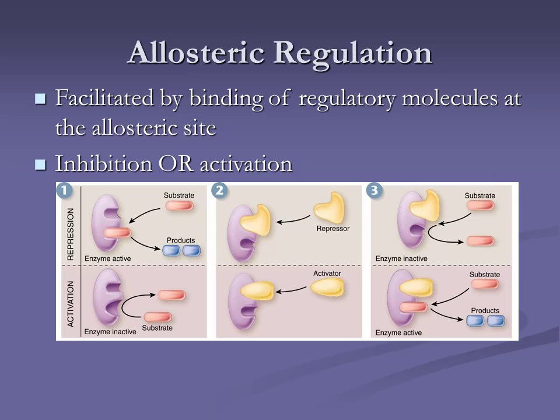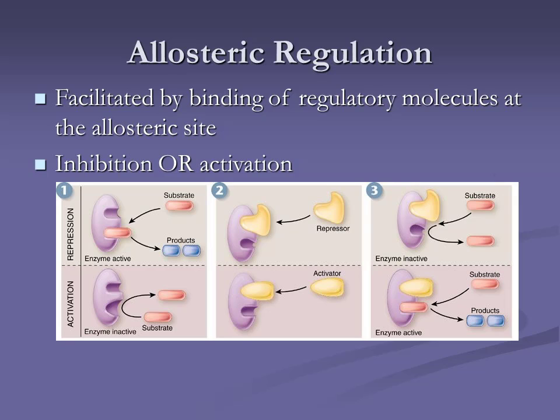I want you to think of the allosteric site as the on-off button for a machine. I'm working on refurbishing my deck back home, so I use a table saw. There's the business end of the saw, that's the blade, but then you've got that on-off button in some other place. So the allosteric site is an on-off switch for the enzyme, and the active site's the saw blade. Can you think of it like that?